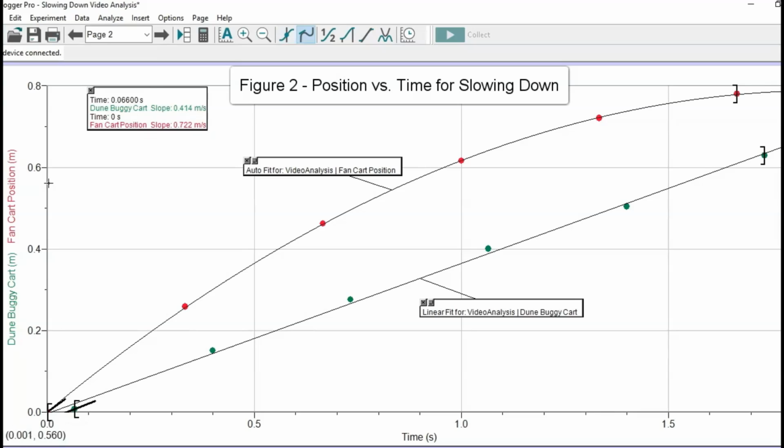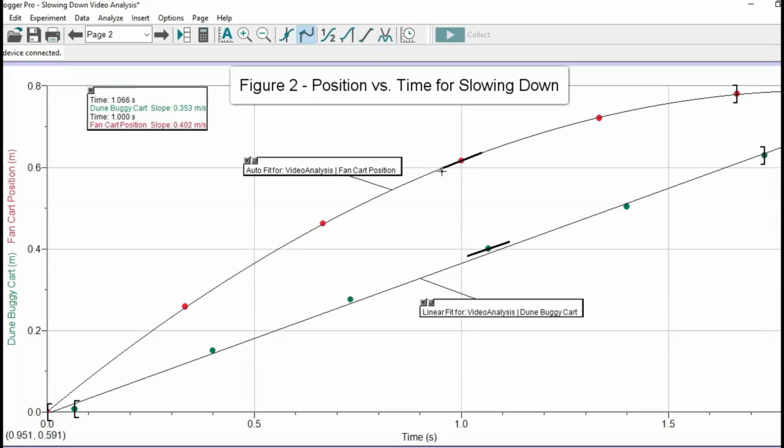And we can just go ahead and use our tangent function and take a look at this. So we can see initially the fan cart was going much faster than the dune buggy, 0.722 meters per second versus 0.414 meters per second. If we go to the next data point, the fan cart slowed down to 0.642. In our next data point, the fan cart slowed down to 0.526.